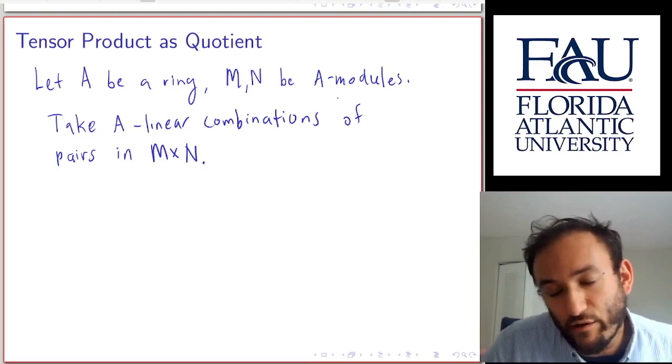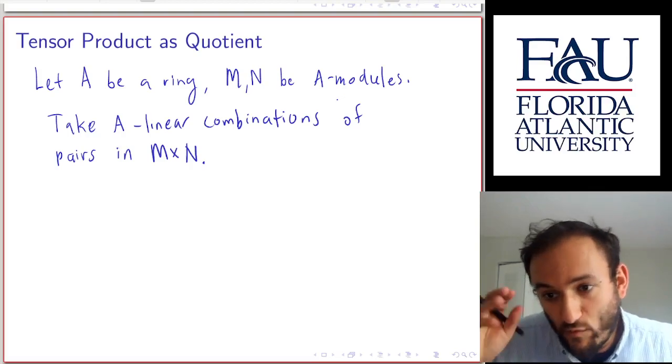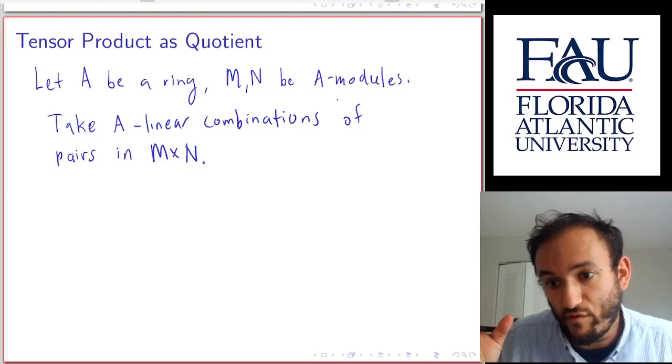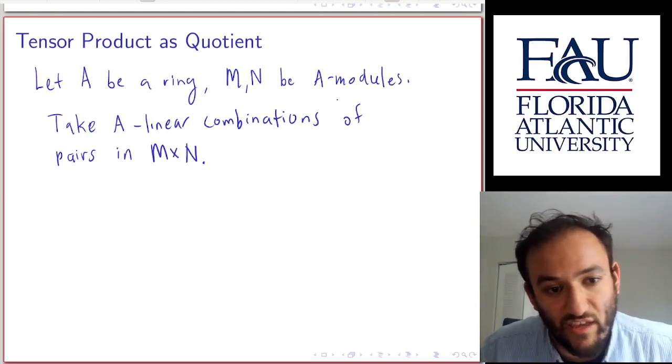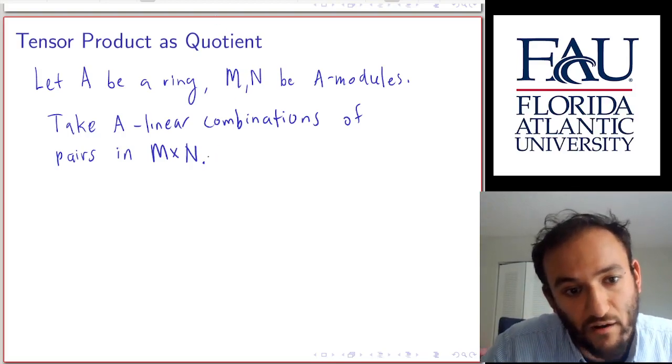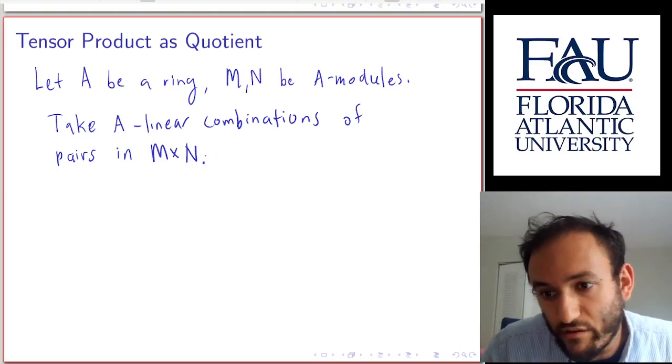and we're taking A linear combinations. You can scale any one of these pairs by an element from the ring, just by formally attaching that element of A to that pair. You can also add them together arbitrarily.